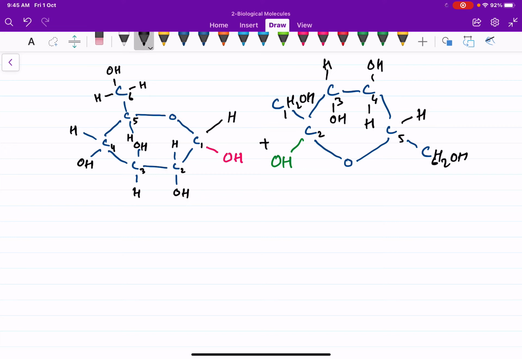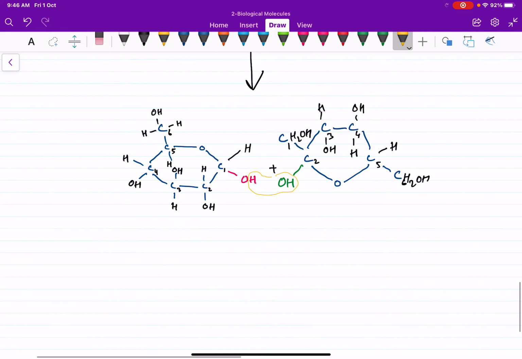Beta fructose has been flipped twice so that carbon number 2 faces carbon number 1, and the hydroxyl group on carbon number 2 and carbon number 1 are in the same plane. You got it? Now what you have to do is remove the hydroxyl group from one and hydrogen from the other. And I'll redraw that.